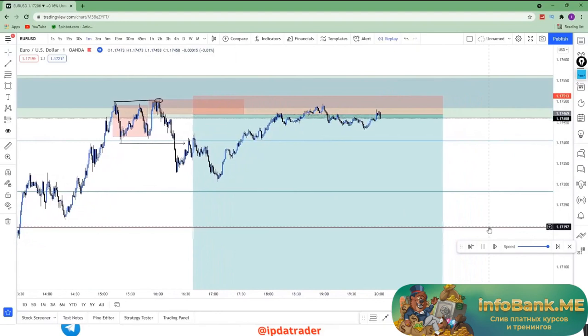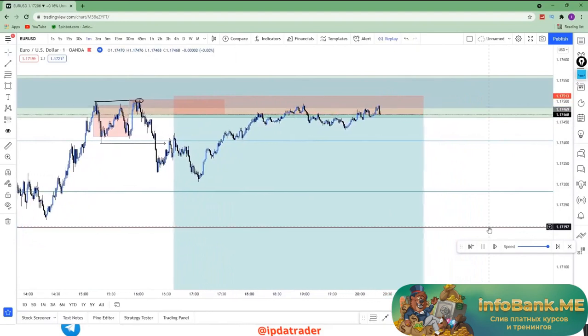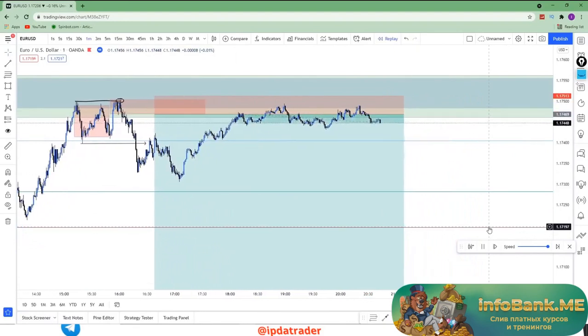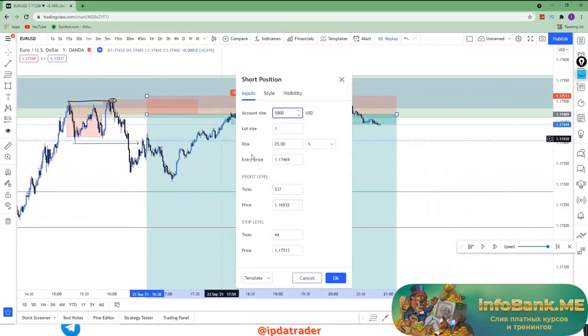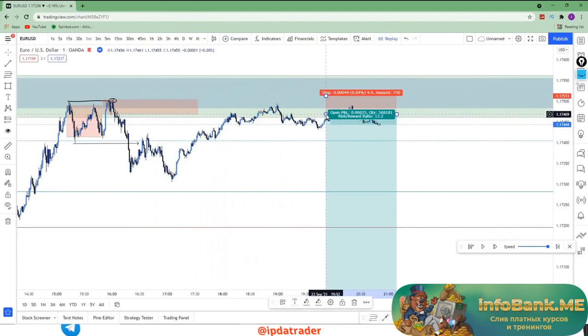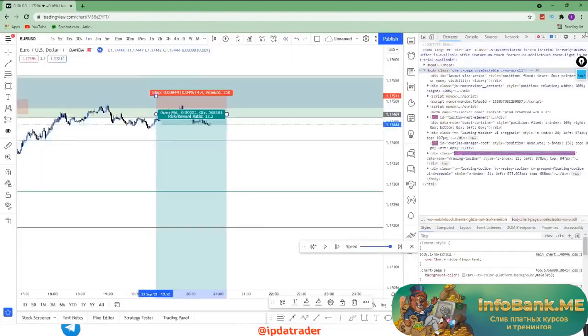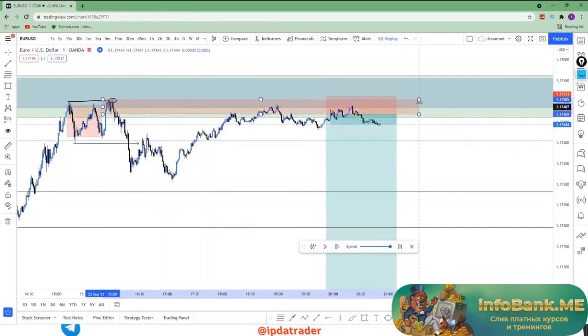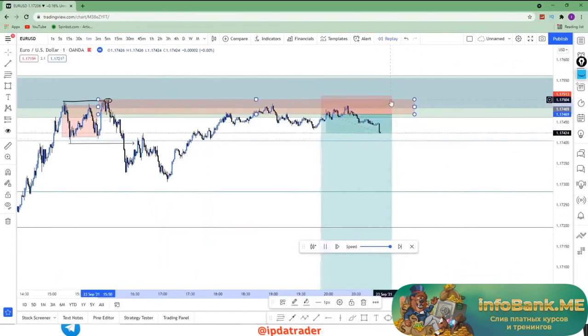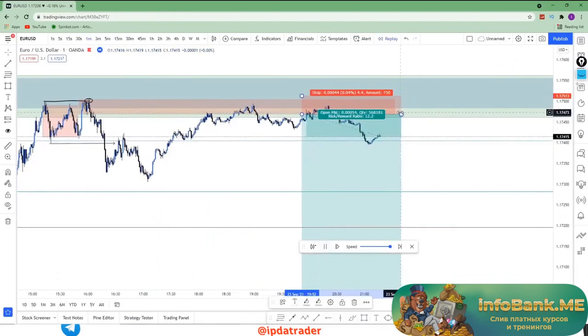Price plays around for a bit. Let me copy this just so we don't lose it and drag it over because it's getting too big. Just like that. And price continues to melt.